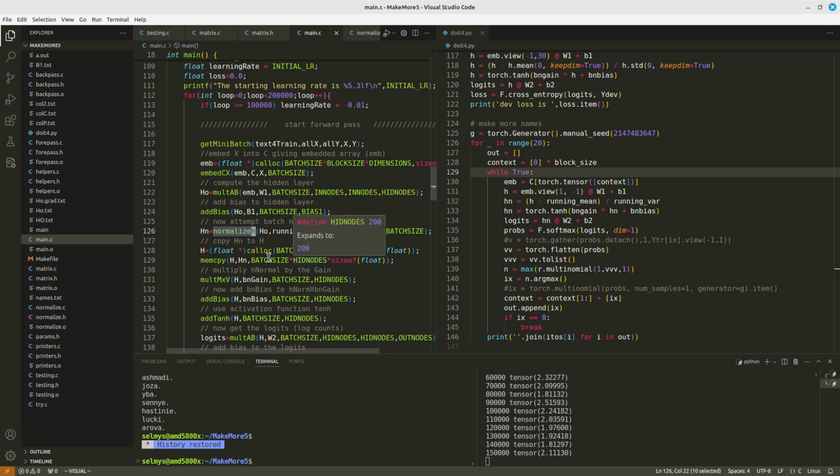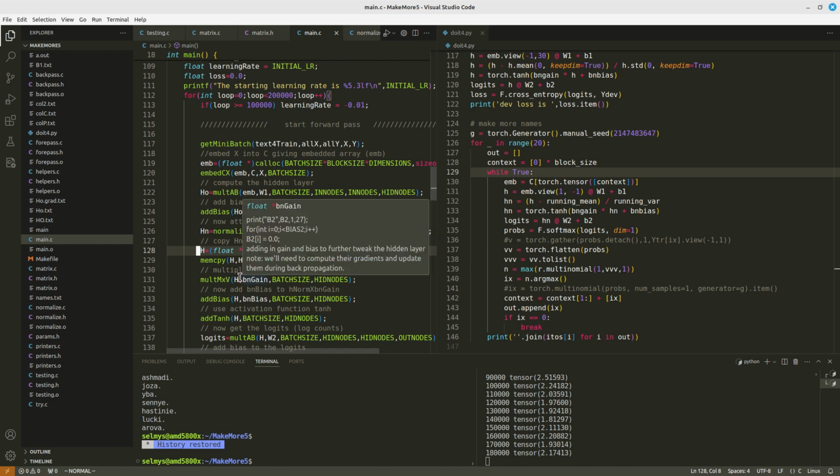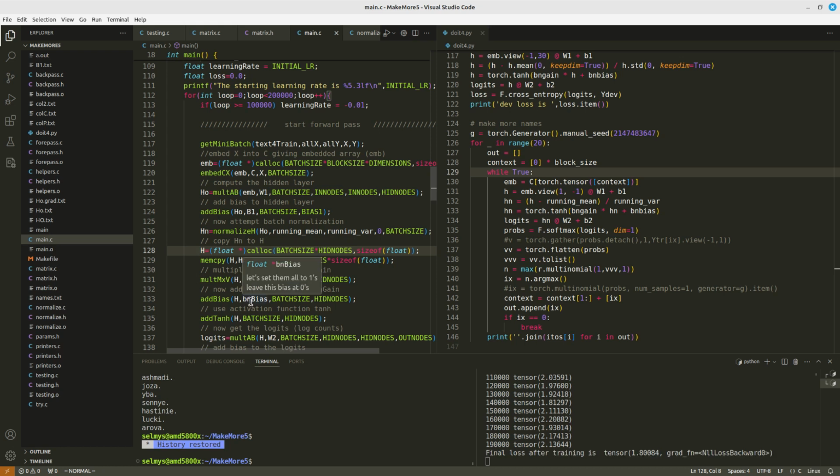And in line 128, I just copied the normalized layer to H, so from this point on, H is the normalized layer, but I've also saved it here before the gain and the bias were done.